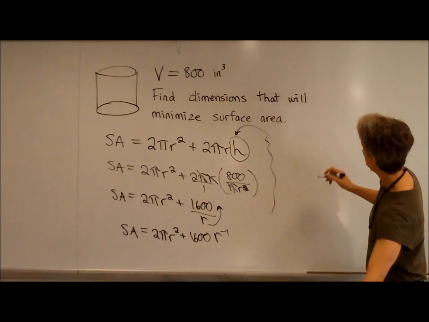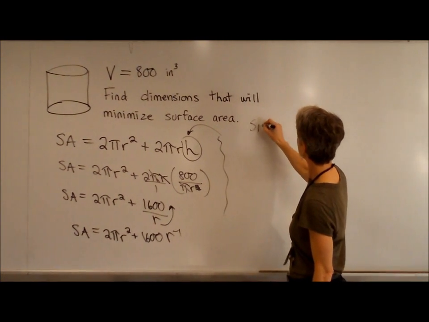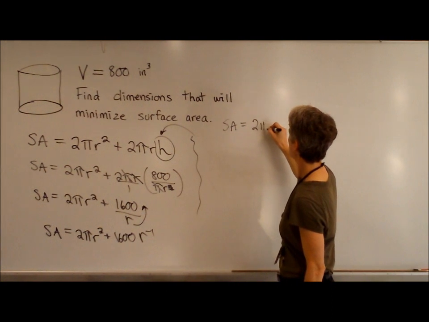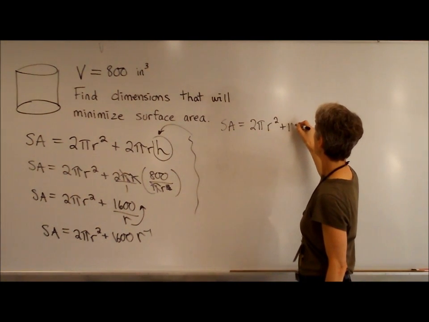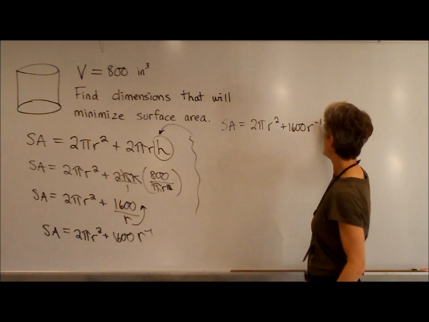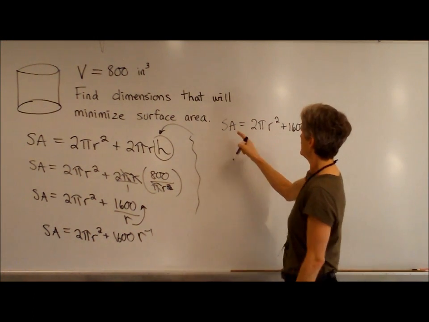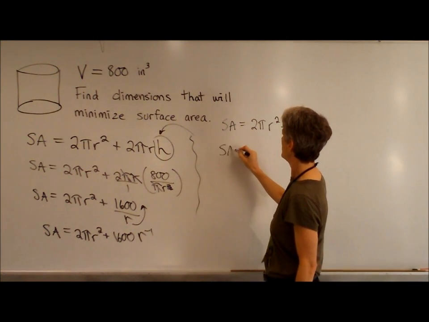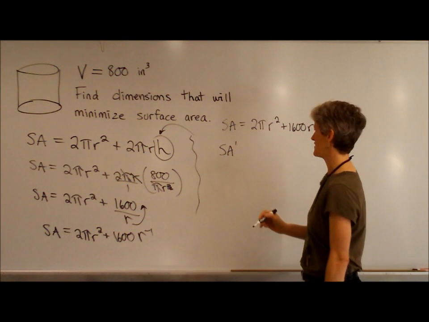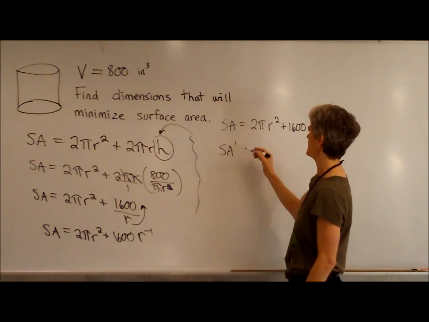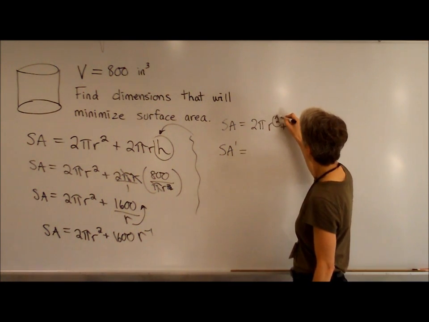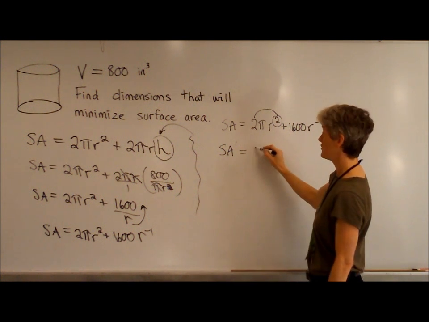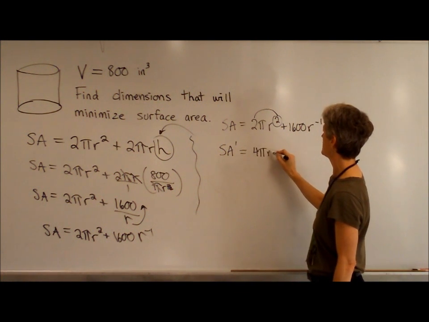So I've got my surface area, 2 pi r squared plus 1600 r to the negative 1, taking the derivative. Derivative of surface area is just derivative of surface area. I hope that's all right. I'm using 2 variables there. But okay, here we go. 2 times 2 pi is just 4 pi r.